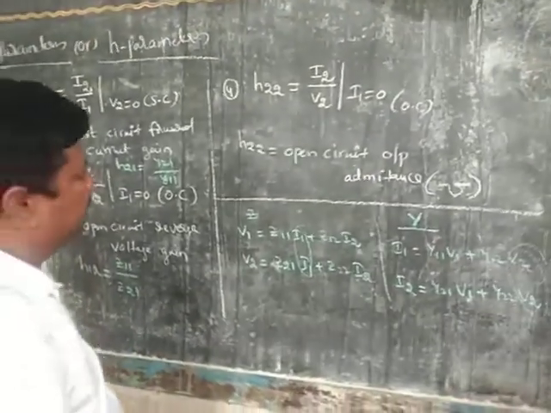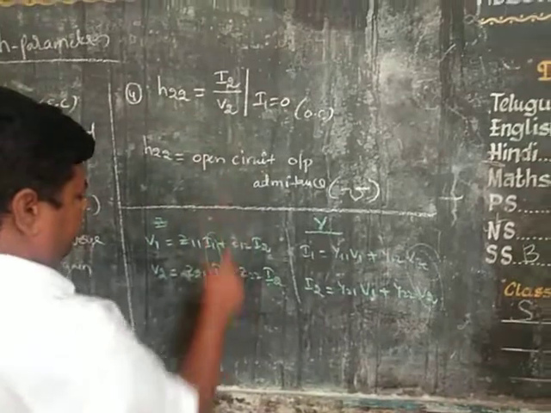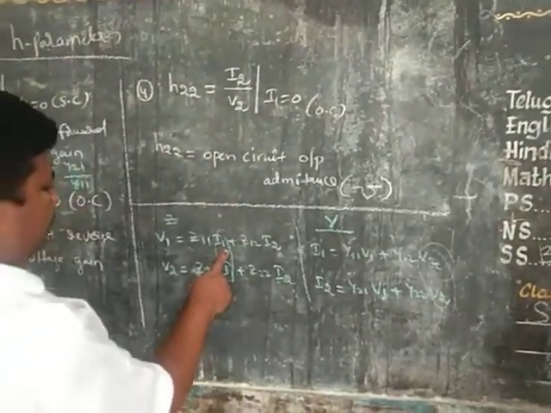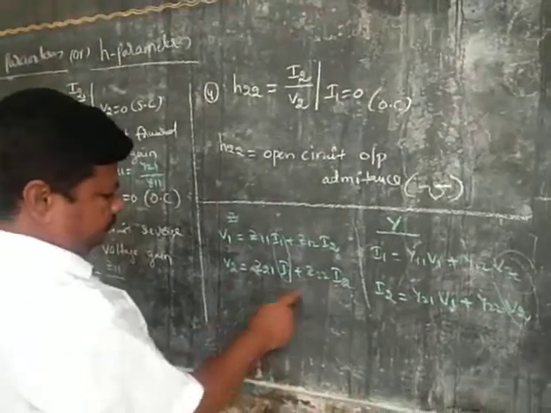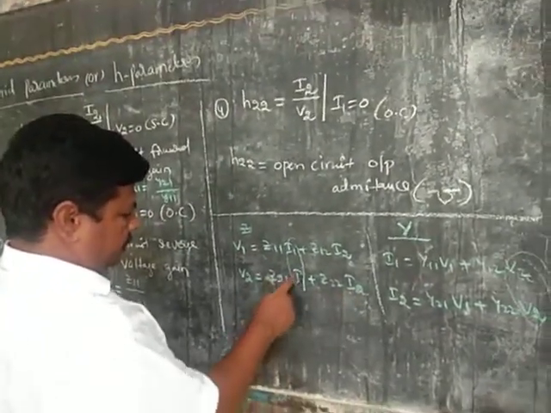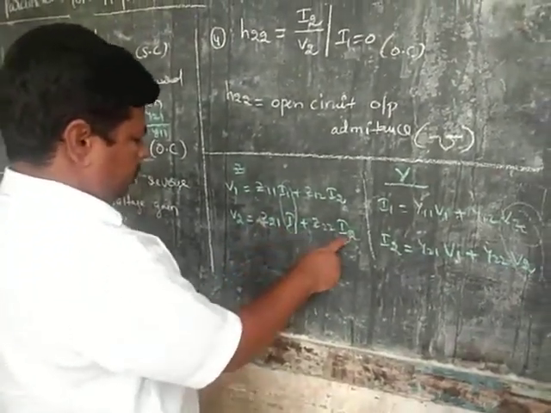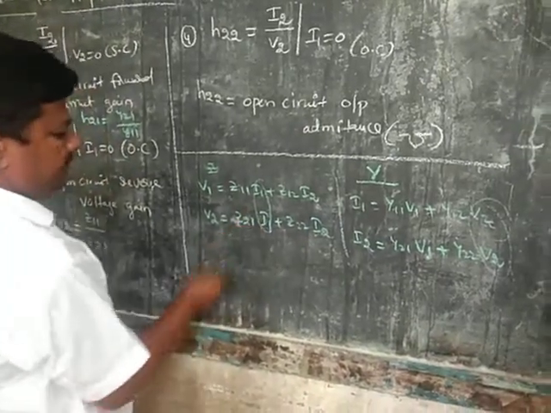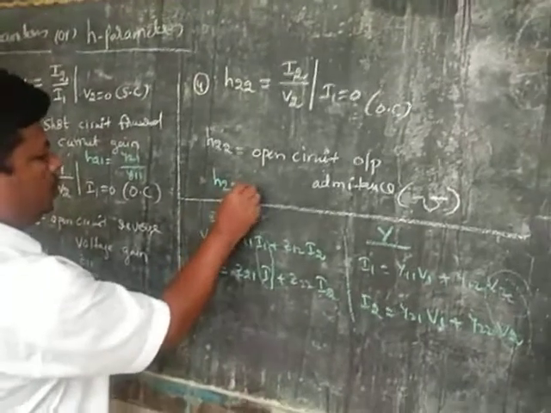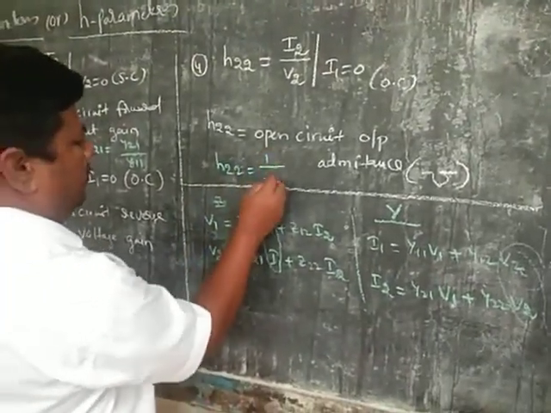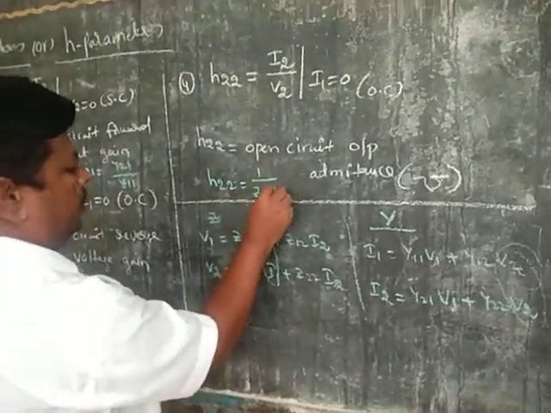Next, the last one, H22, is I2 by V2 when I1 is equal to 0, which is 1 by Z2. So H22 is equal to 1 by Z2.